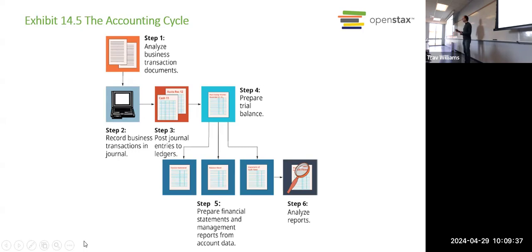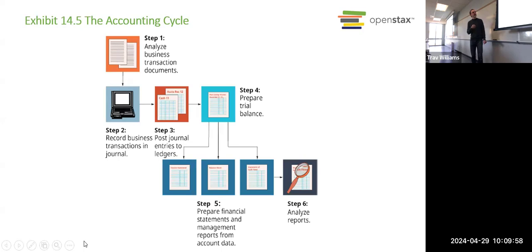A lot of companies just do it automatically where the cash register records every sale. When they receive shipments from their suppliers, they scan it, it goes right into the computer system. So that would be one way to gather up those financial transactions. But in a smaller company, that might be done manually.